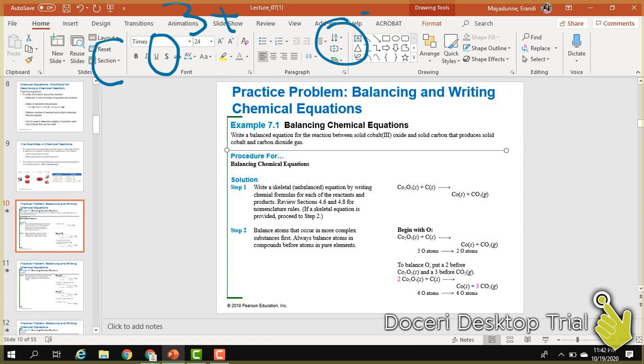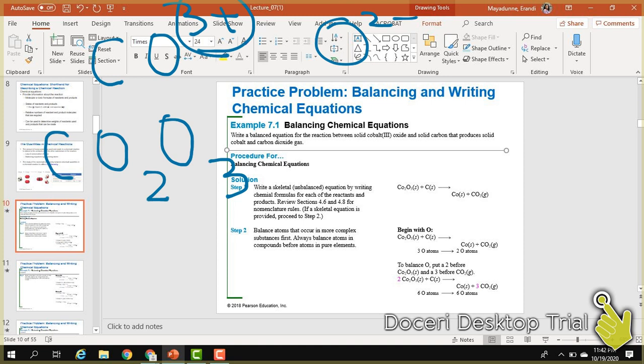Oxygen is O 2 minus. Oxygen is always 2 minus because it's a group 6 element; it needs 2 more electrons to reach the closest noble gas, so it gains only 2 electrons. So you write cobalt here, oxide here. The 3 belongs to cobalt and goes under oxygen. The 2 belonging to oxygen goes under cobalt: Co2O3.